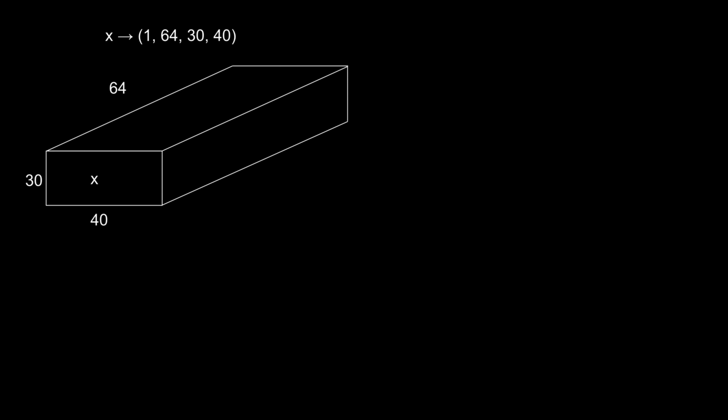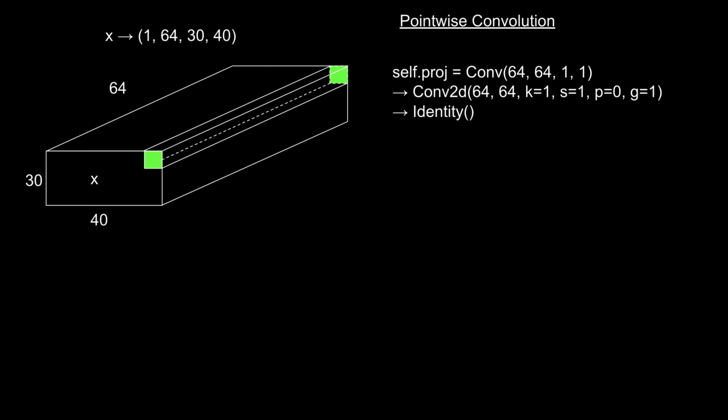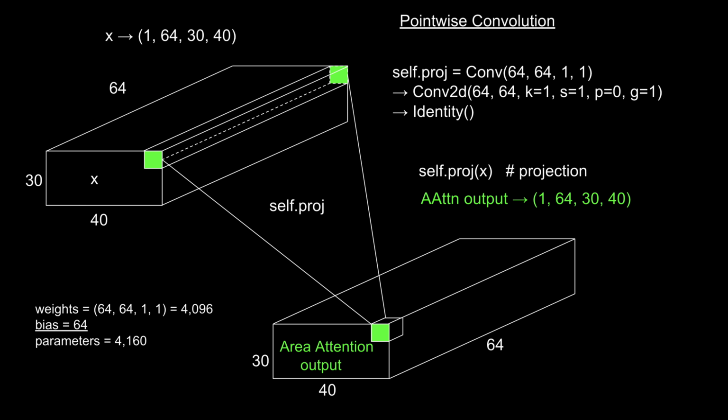To solve this, the tensor typically undergoes one last point-wise convolution, essentially a linear projection. This operation preserves the shape of the tensor while refining and rebalancing the feature representation for downstream tasks. It also reintroduces cross-channel interactions, something missing from the depth-wise convolution, allowing the model to mix and reinterpret features in a more flexible, learnable way.